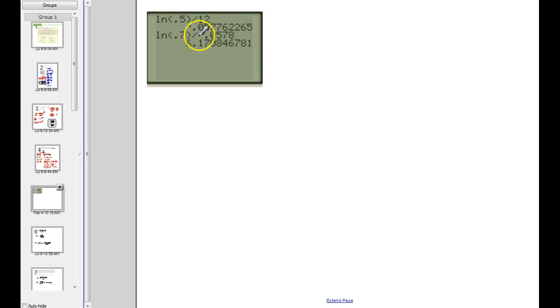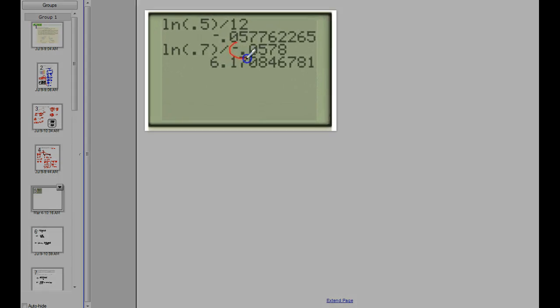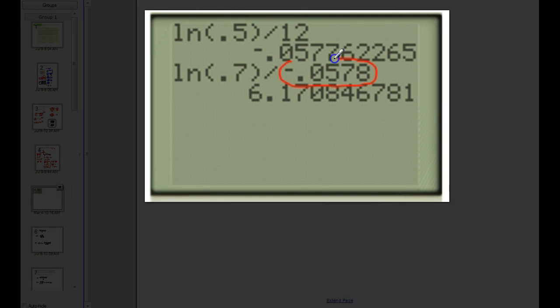So what I'm going to do here, I'm going to take the 0.0578 and replace it with what we used to get it. So we took the natural log of 0.7 and we divided by this negative 0.0578, but that was the natural log of 1/2 divided by 12.